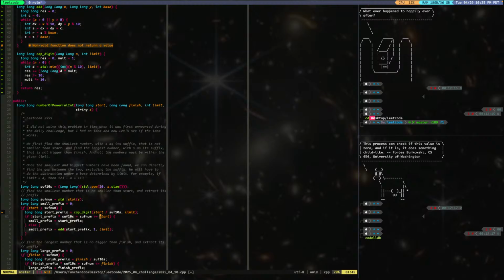Okay. Yeah, what to do if it's smaller? It's smaller basically means you have capped something, right?